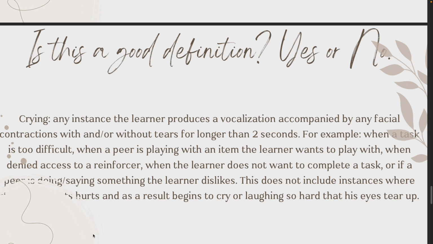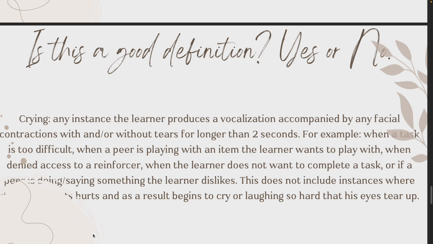Okay? So is this a good definition? We are getting there. We're definitely getting there with much, much better. So I would say, for the most part, this is a very good definition. Okay? I would be able to know what crying looks like. Everybody would be measuring crying similarly because it has to be longer than 2 seconds and it has to produce a vocalization. Something that I wouldn't add in this definition would be denied access to a reinforcer.